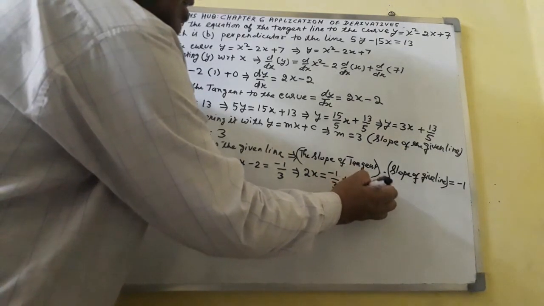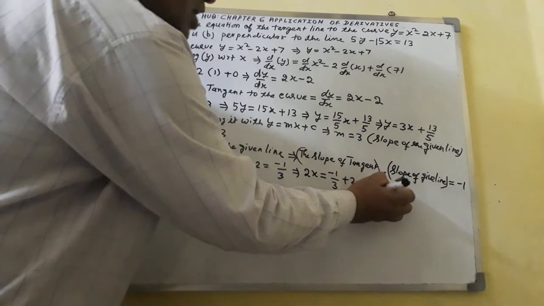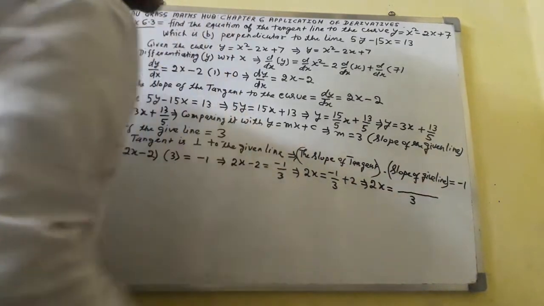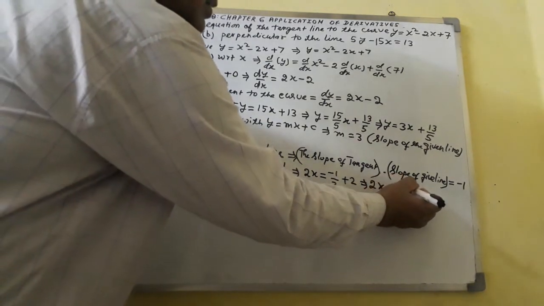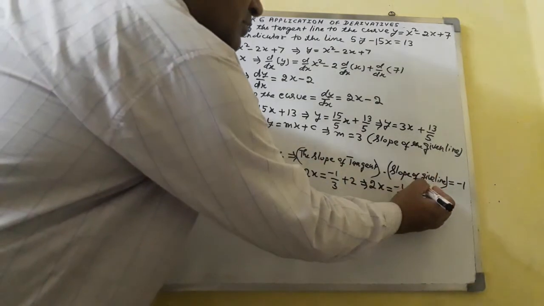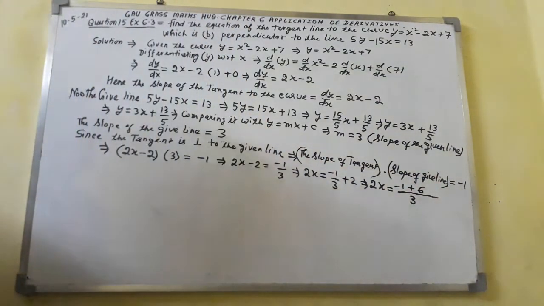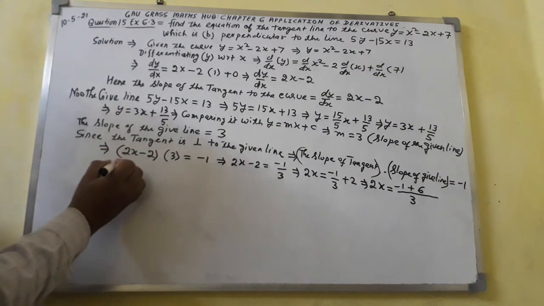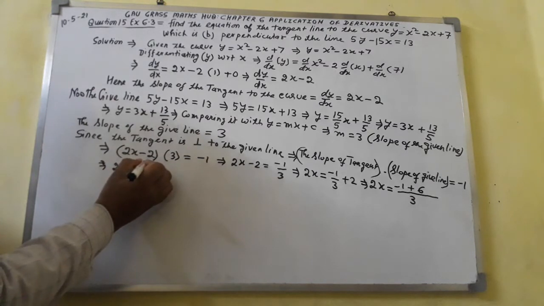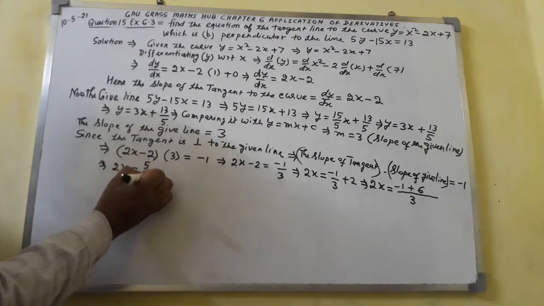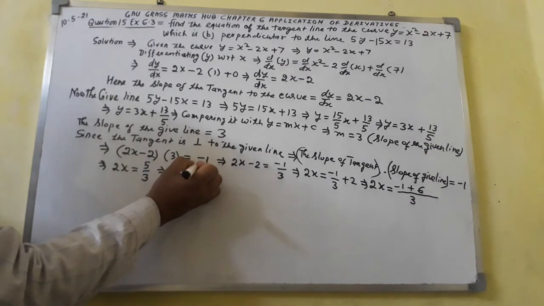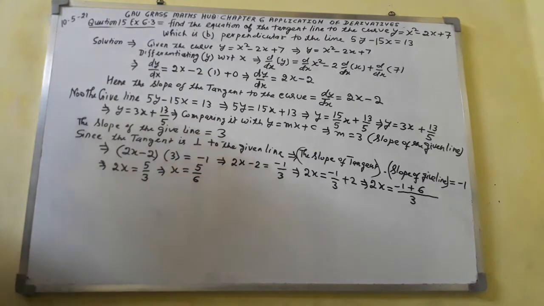We will get 2x is equal to minus 1 plus 6 over 3, that is 5 over 3, implied that x is equal to 5 over 6. This value we have got.